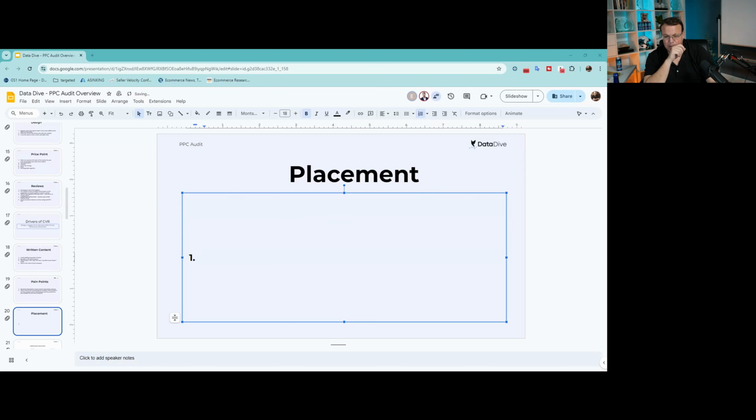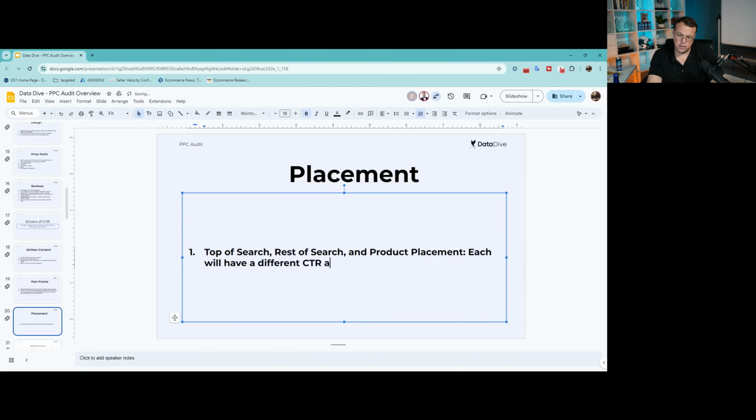Potentially, Bernie. Not always. Top of search has higher click-through rate. Product pages have low click-through rate, high impression. Not always, but we're talking about top of search, rest of search, and product placement, right? Each will have a different CVR.